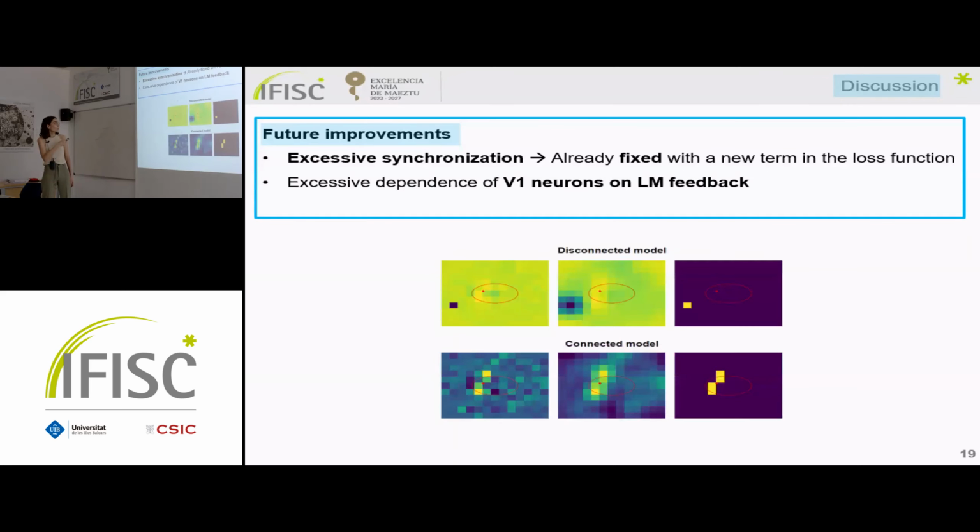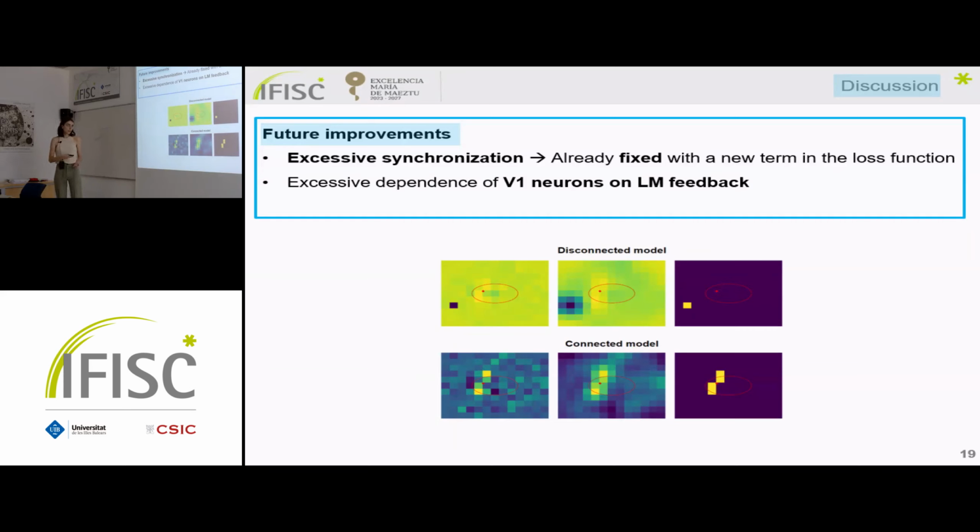We also found that there was an excessive dependence of V1 neurons on LM feedback. Here you can see the same neuron in the connected model and when we remove LM feedback. And what we can see here is that this neuron presents a blind spot here, where it doesn't even cover spontaneous activity.